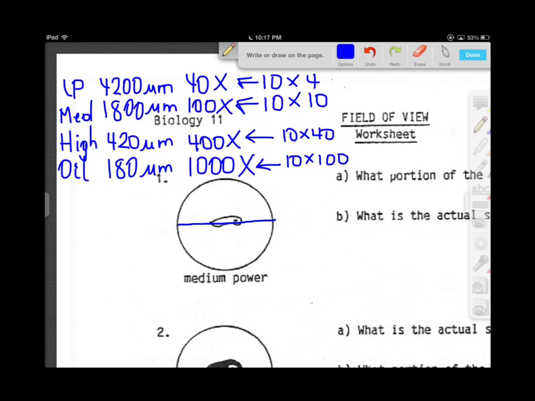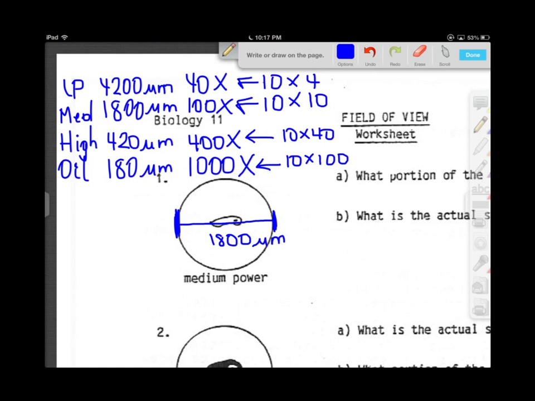Okay, so let's back up a little bit. This is 1800 micrometers across. I just wanted to show you a stock example. Field diameter, right? Diameter, circles, sounds like math. We know each of their field diameters. We've measured them. And in grade 11, you did a lab which was very similar to this. You put a ruler underneath, or should have put a ruler on low and counted usually pretty close to about 4 millimeters.